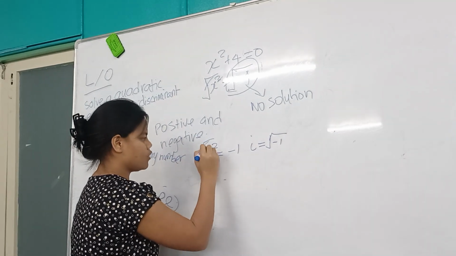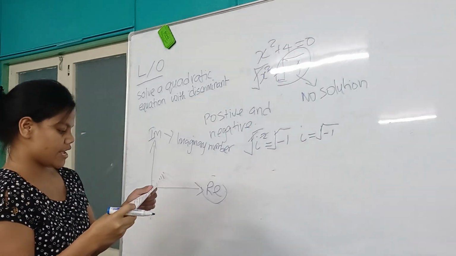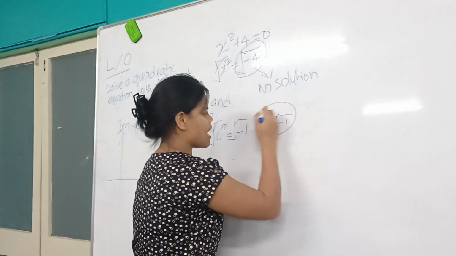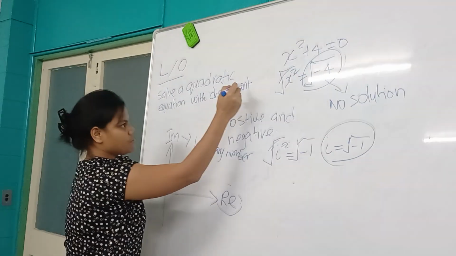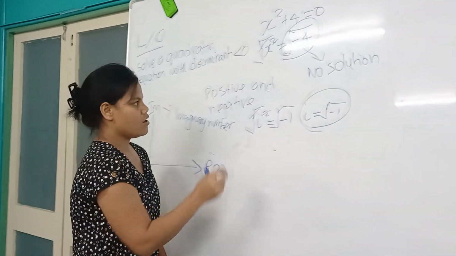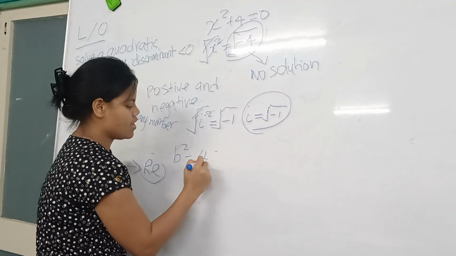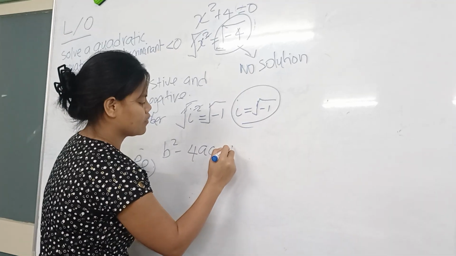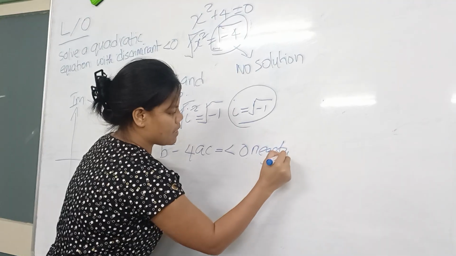The main purpose of using i is that the discriminant, b squared minus 4ac, can be less than 0, which means negative numbers.